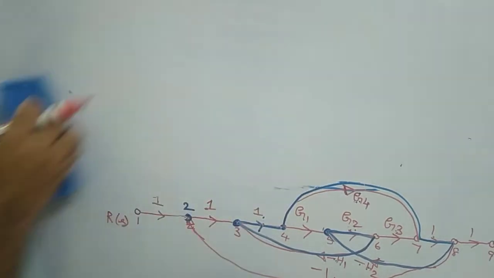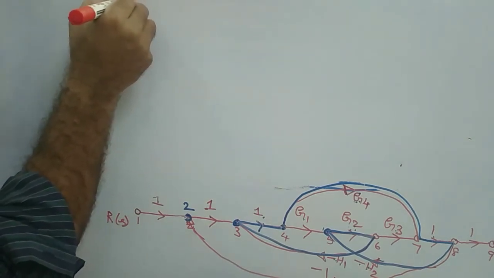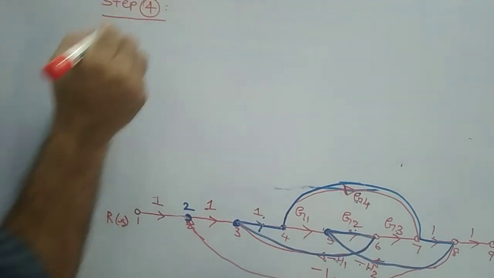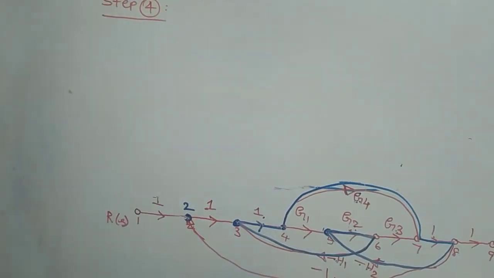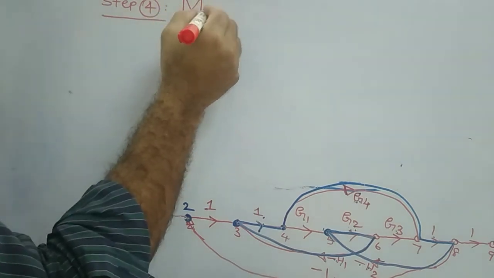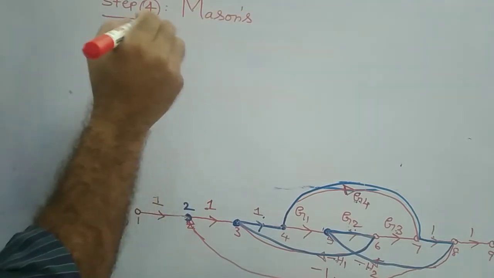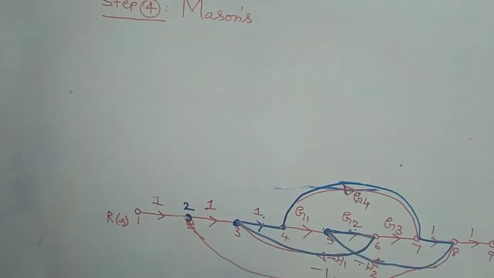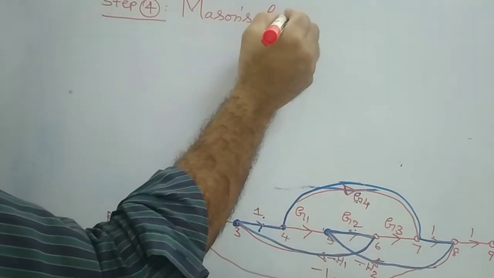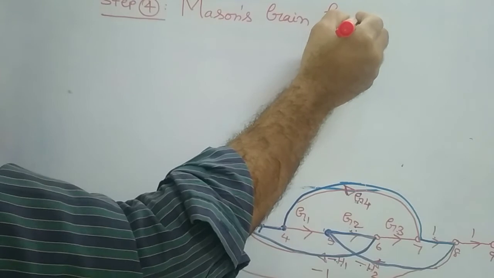Simple. Now, coming to the last and final step, step number 4. What is step number 4? That is your transfer function formula, which is called Mason's gain formula.